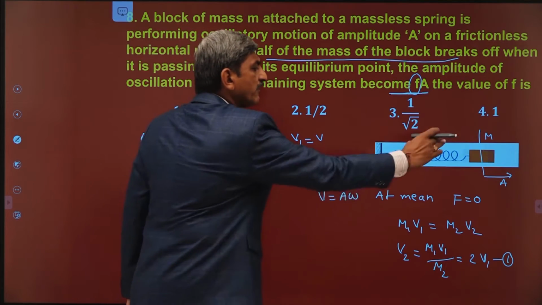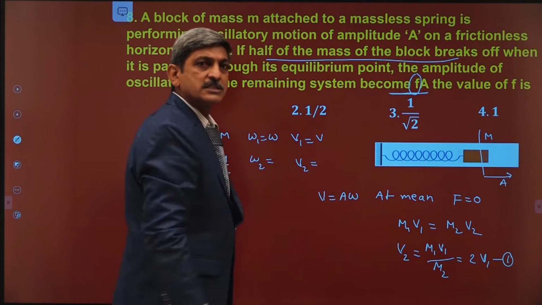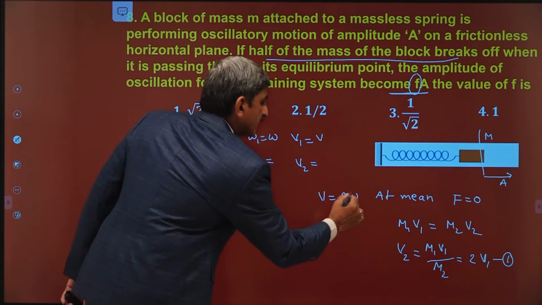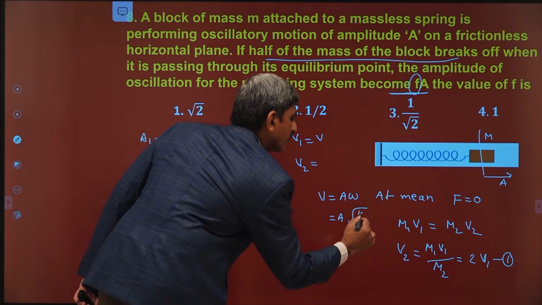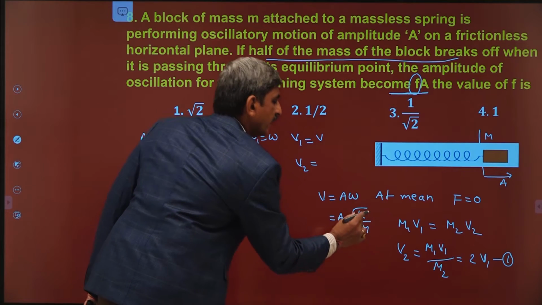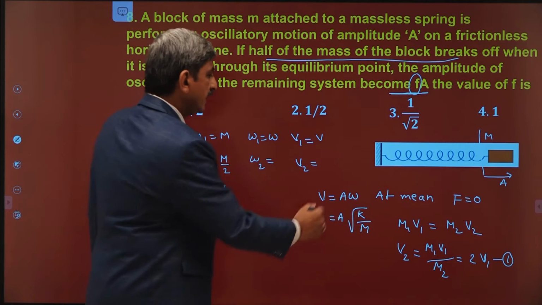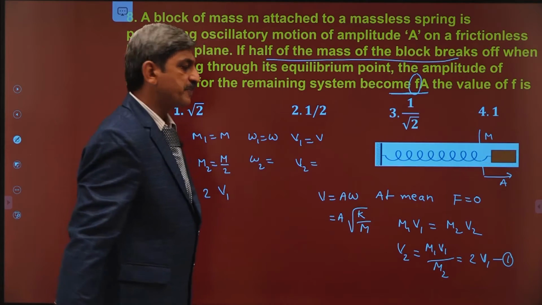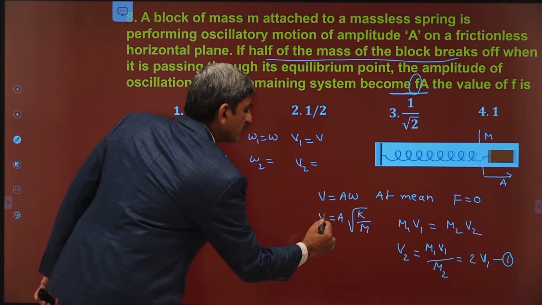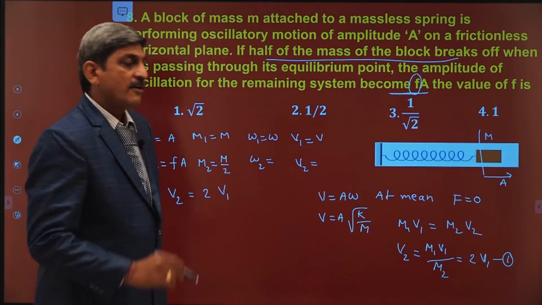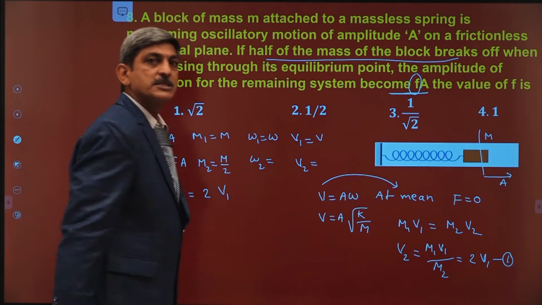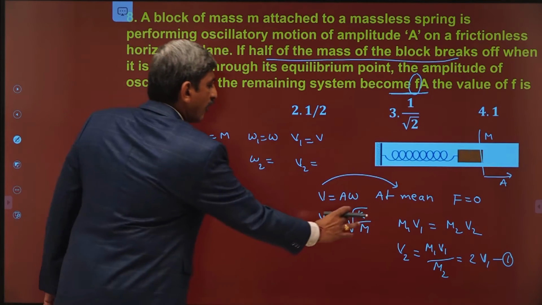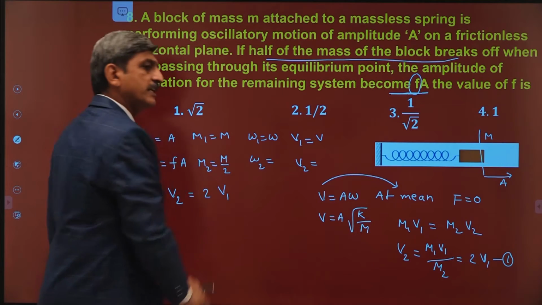We also know that whenever a body is making oscillations, the angular velocity is given by square root of k by m. Here k is the spring constant, m is the mass of the block attached to the spring. By using this formula, we can determine the velocity of the body at the mean position when it is making simple harmonic motion. Now I am going to apply this equation here itself.